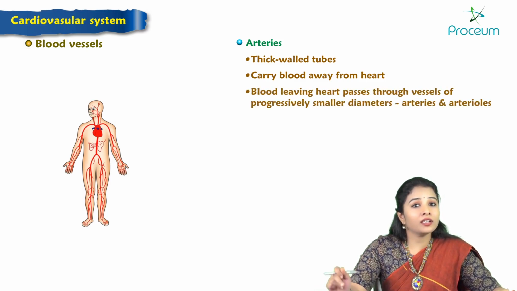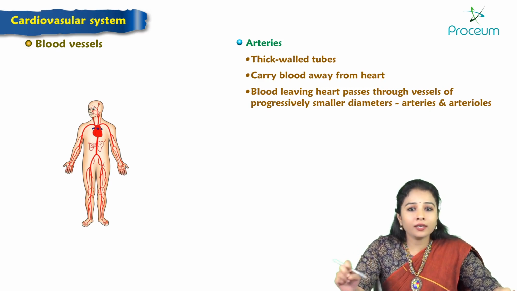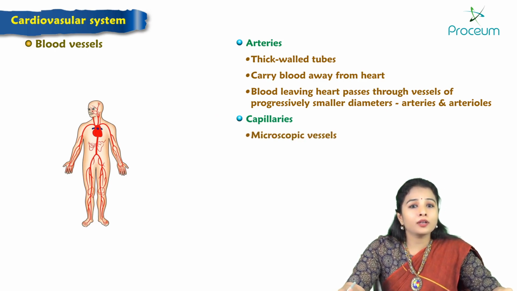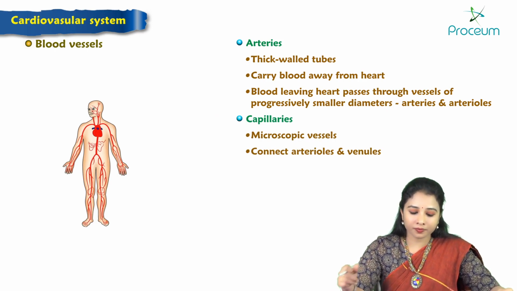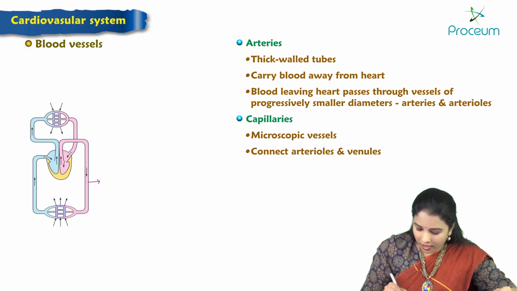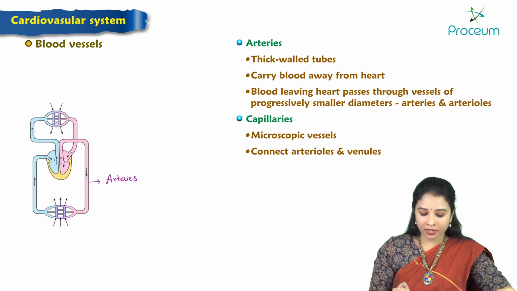The blood leaving the heart passes through the vessels of progressively smaller diameter referred to as smaller arteries and arterioles. Finally, these arteries will divide to form thin-walled vessels called as capillaries. Capillaries are microscopic vessels that connect arterioles and venules. So here in this image, the pink ones are the arteries which carry the blood from the heart to the various tissues.